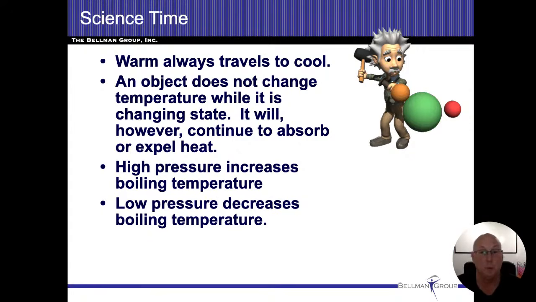So heat does move. Heat is always moving from whatever the warmest object is to the coolest object. The bigger the separation between the temperatures, the faster the heat's going to move. All right. So if I am in a room of 75 degrees and I have a glass of ice water with me, the ice water is going to be 32 degrees.